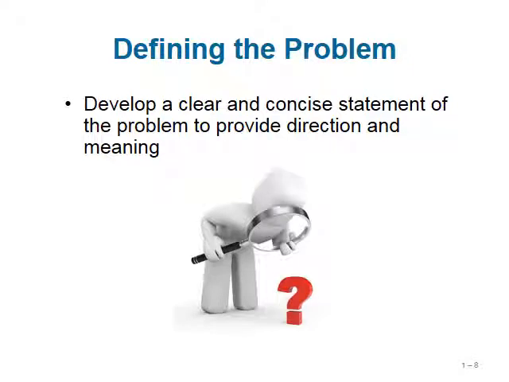This may be the most important, but also the most difficult step. We need to go beyond the symptoms and identify the true cause. We create a specific and measurable objective, and experience has shown that poor problem definition is a major reason for failure.